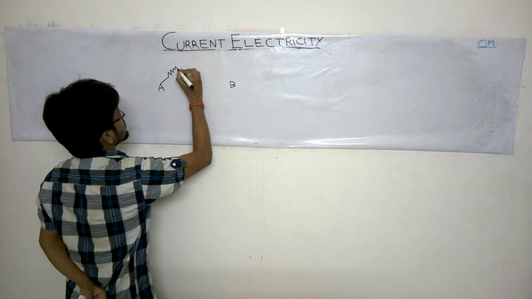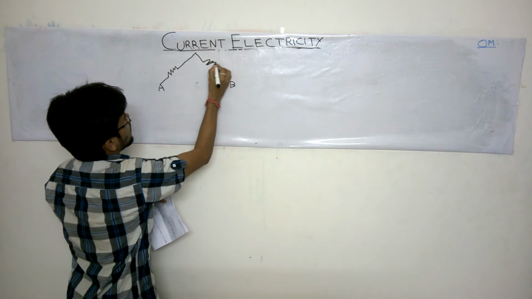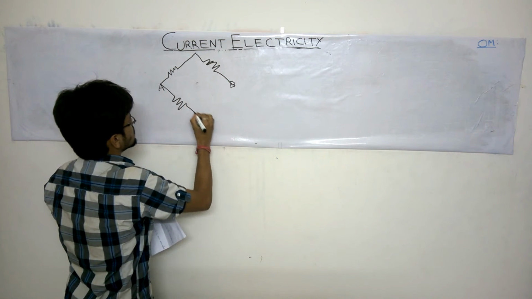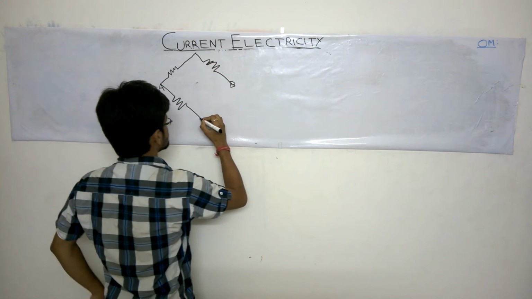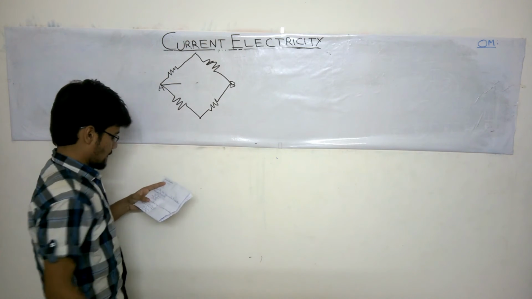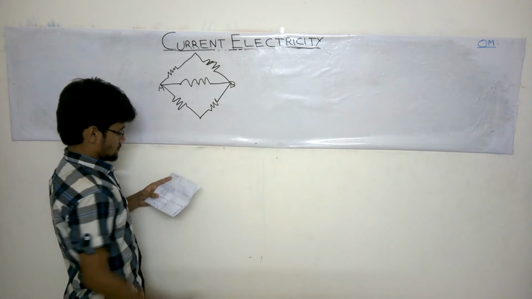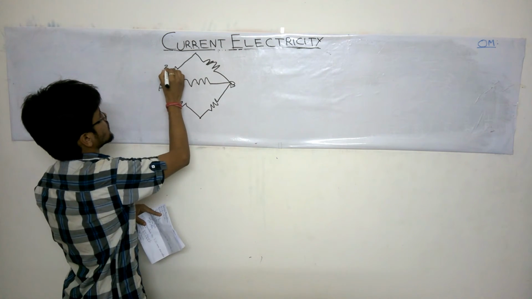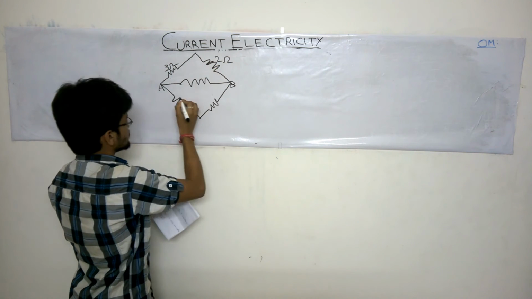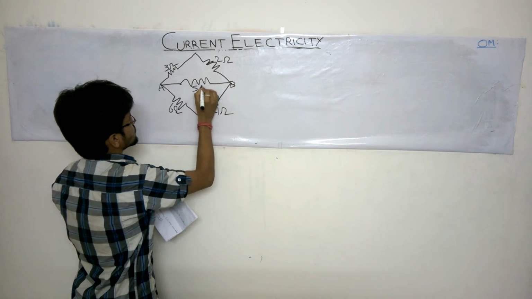So this is the given figure we have. Now the values are 3 ohms, 2 ohms, 6 ohms, 4 ohms, 5 ohms.